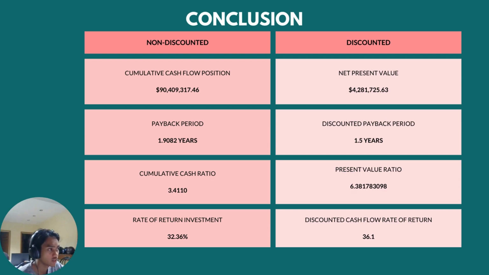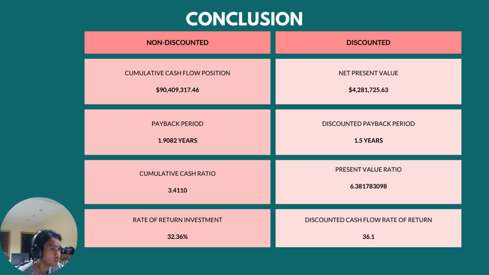So higher values indicate better relative profitability. In this term, discounted has a higher value than non-discounted, and the rate of return on investment for non-discounted is 32.36. So higher values are generally better.